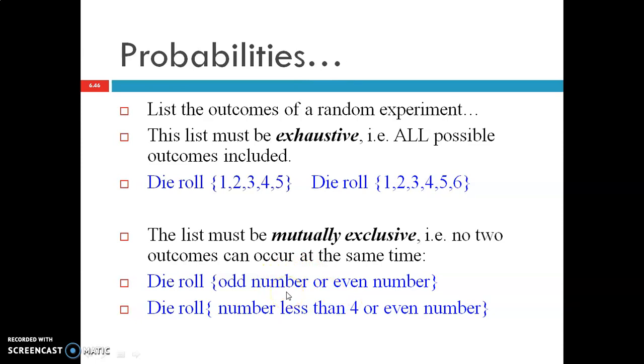So either the number will become odd or even, but not both. And the die roll with the number less than 4 or even number. Numbers less than 4 also contain odd numbers, but we want an even number, so only one element is there, that is 2.